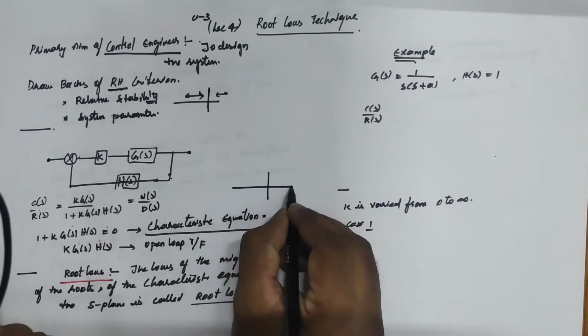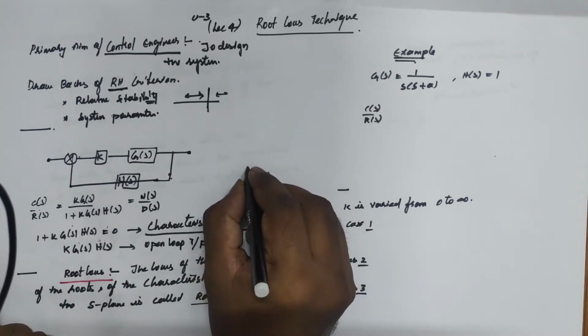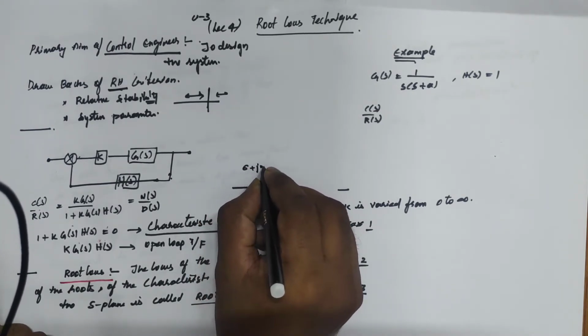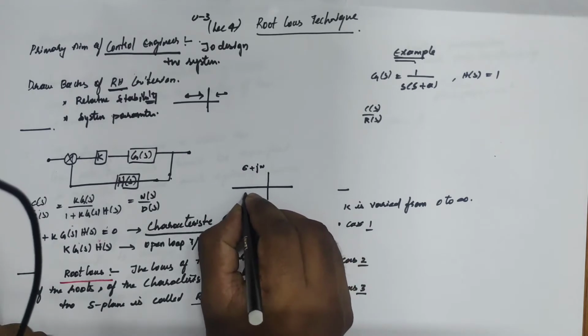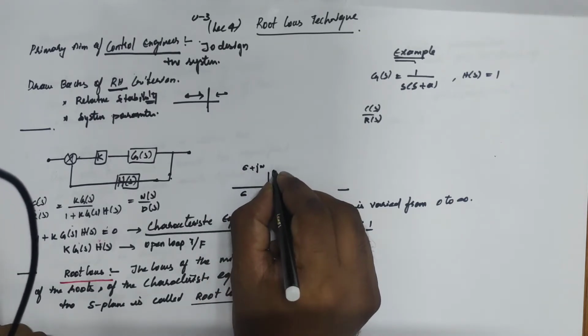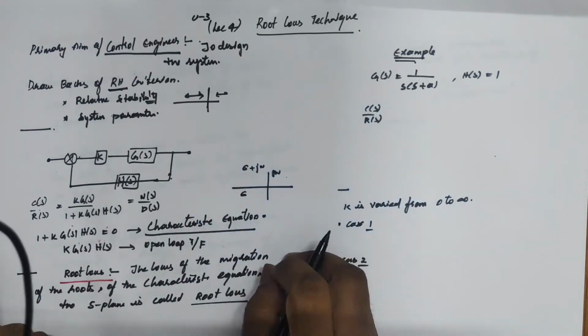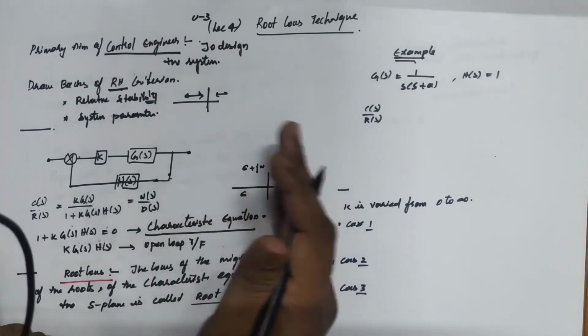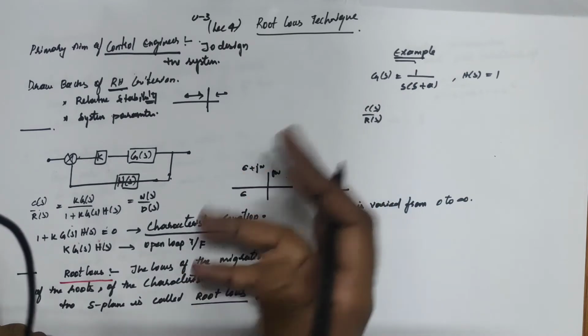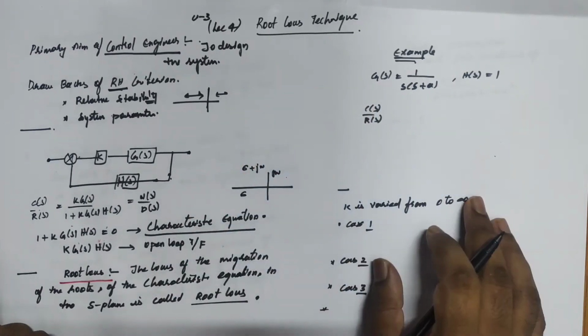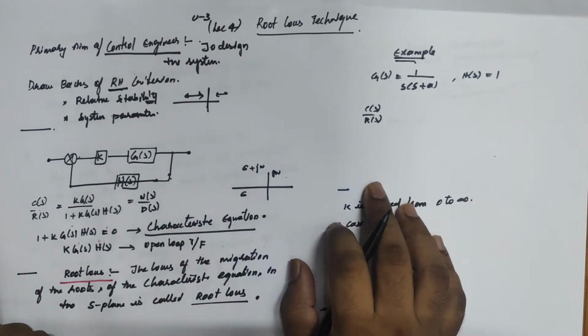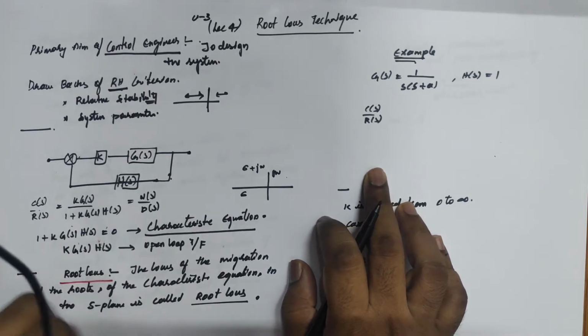In the S-plane we have real and imaginary parts. If I vary something, the roots will vary and migrate with different values of gain, and we'll have a locus. That is called Root-Locus.